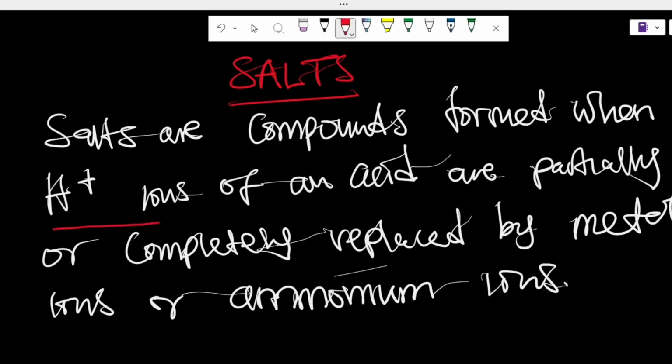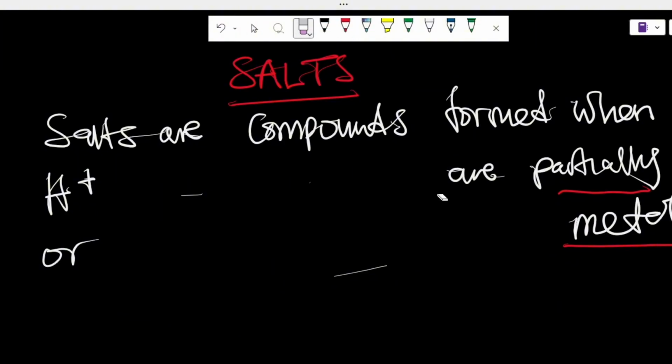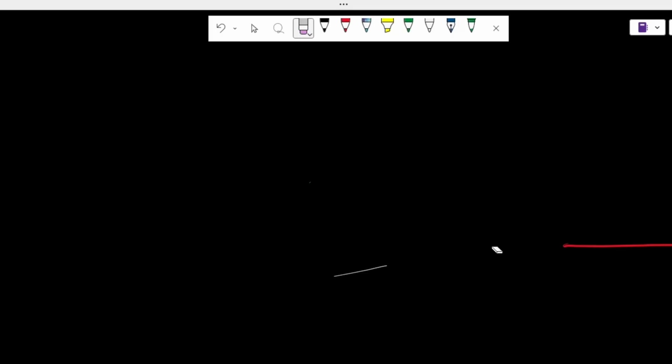The hydrogen ions of an acid, like hydrochloric acid, they are partially or completely replaced by what? Metal ions, or in some cases, ammonium ions. So how can we understand that? Well, it's quite simple. All you have to do is to go back to the neutralization reaction.